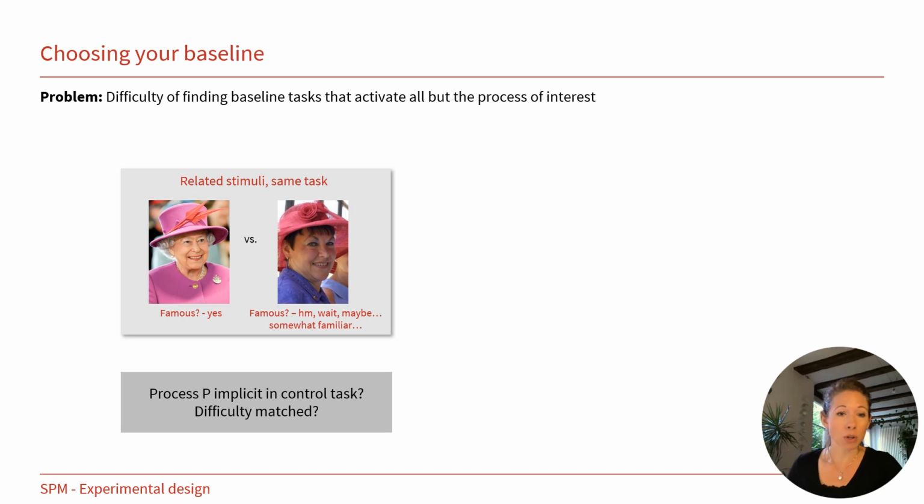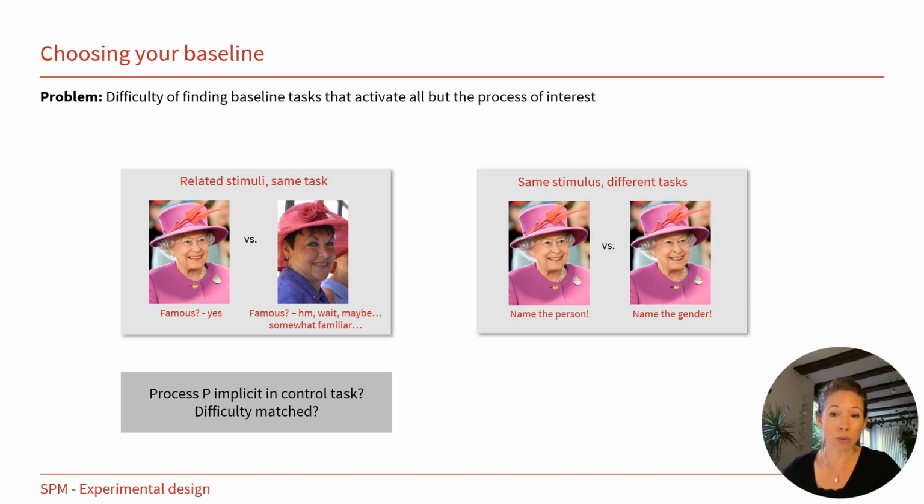Also, what you could do, which is actually a very elegant way, is to show the very same stimulus, but have the subjects engage in different tasks. So with this, you perfectly match the visual input. And you could, for instance, ask your subjects to name that person in the one condition, and in the control condition, name the gender, where the recognition itself is not necessary.